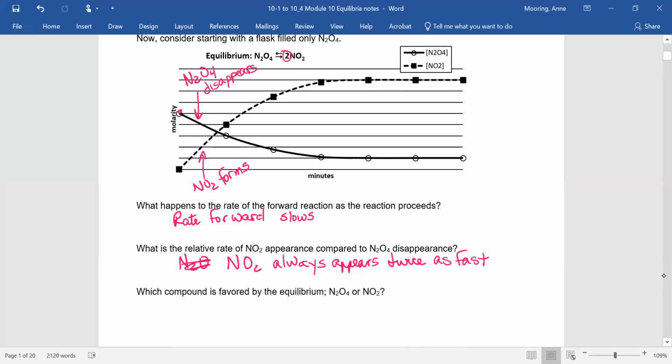So we know that equilibrium has occurred when the concentrations are no longer changing. From this point on the graph over, we have equilibrium conditions. Now there is no net change in the concentrations. The concentrations are constant.